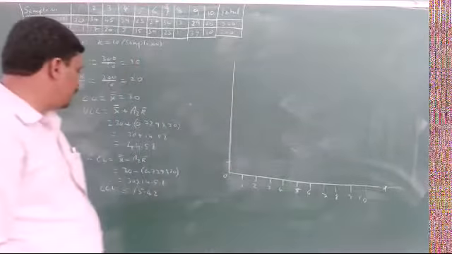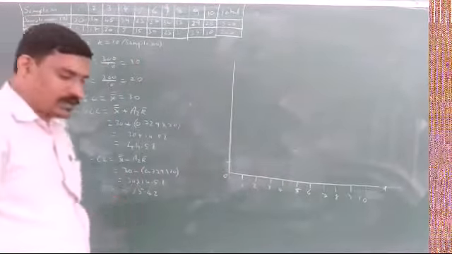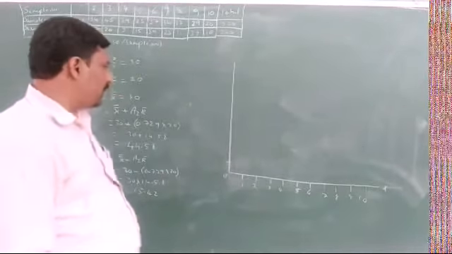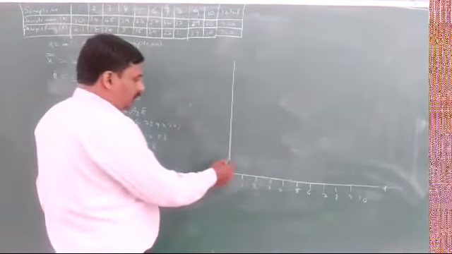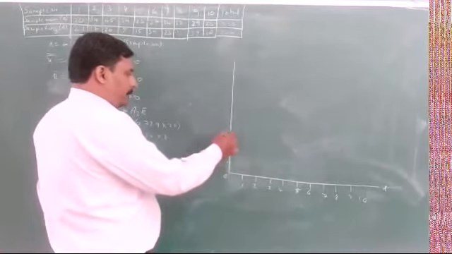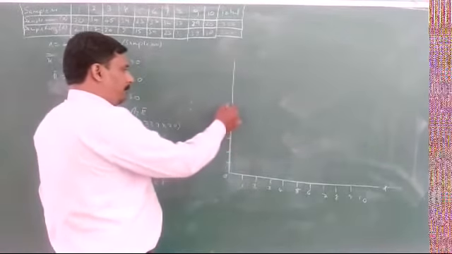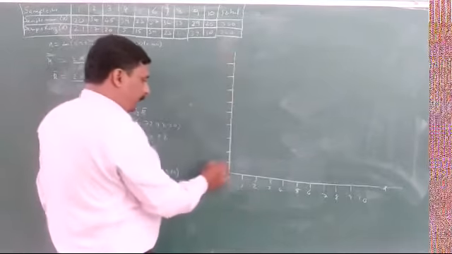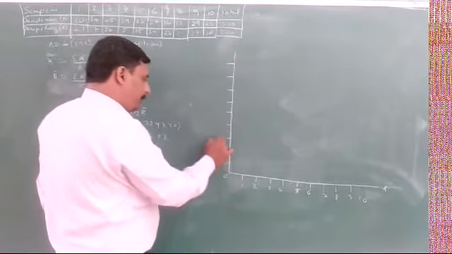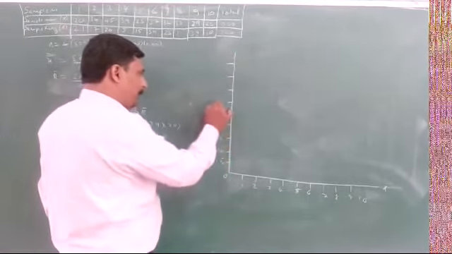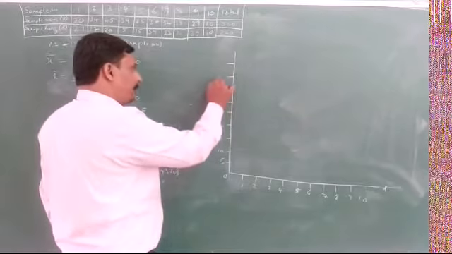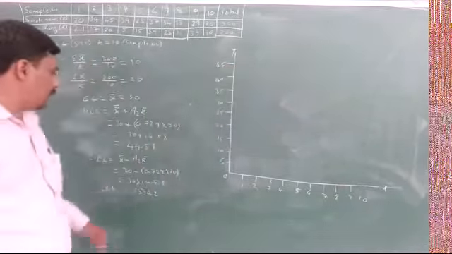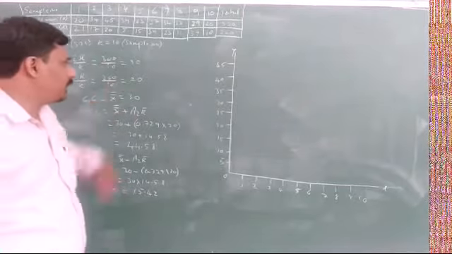And here the highest upper value is 44.58 and the lowest limit is 15. So we take here 10, 20, 30, 5. So here first the central line is 30.